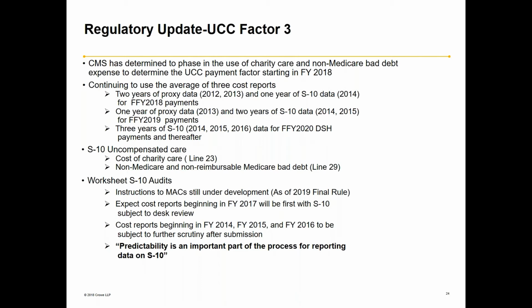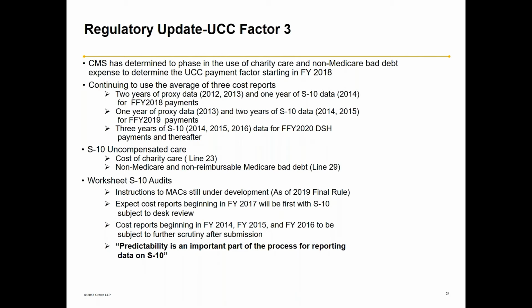So this obviously made the information on S-10 information that needs to be audited, needs to be looked at. You know, MACs want to look at that and make sure that the information on line 23 for your charity care and the information on line 29 for the bad debts is correct.